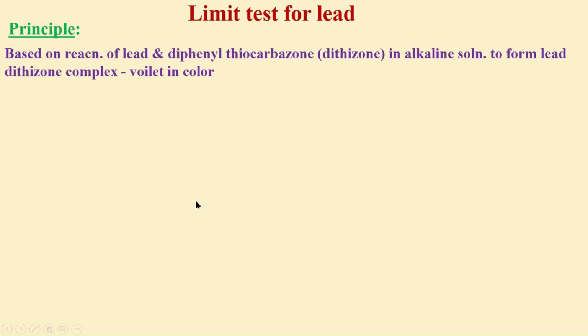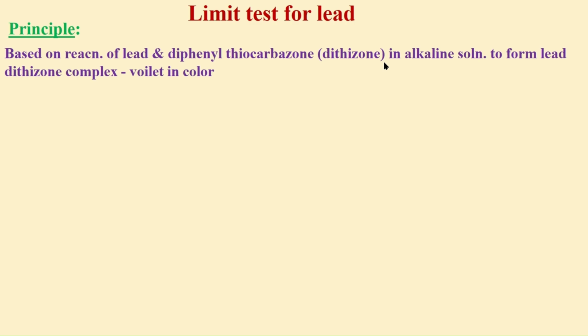The limit test for lead is based upon the reaction between the lead present in trace amounts as impurity in the given substance with the reagent diphenylthiocarbazone, which is also called dithizone.